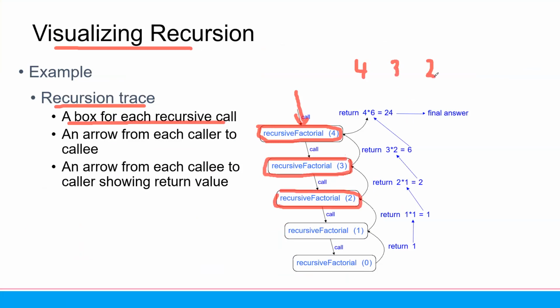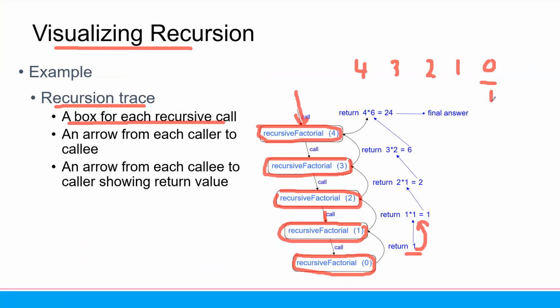When it is now 2, we will call 2 minus 1, which is 1. When it is 1, it goes to 0, and it will call recursive factorial 0. The base case mentioned that if it is 0, then return 1. Return 1.